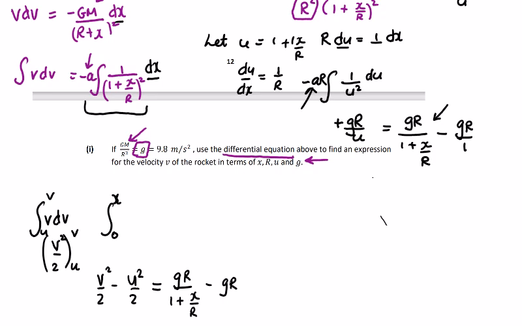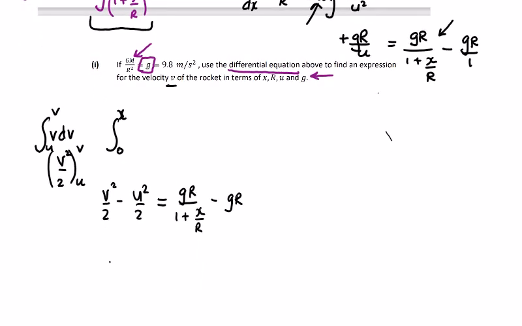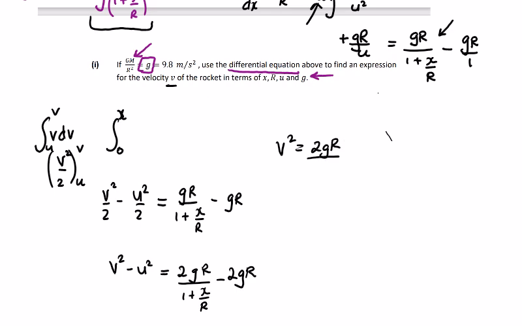What are we asked to get? We're asked for v in terms of all those other guys, so if we multiply by 2, we get v squared minus u squared is equal to 2 g r over 1 plus x over r minus 2 g r, and then v squared will be equal to 2 g r over 1 plus x over r minus 2 g r, and then plus u squared.